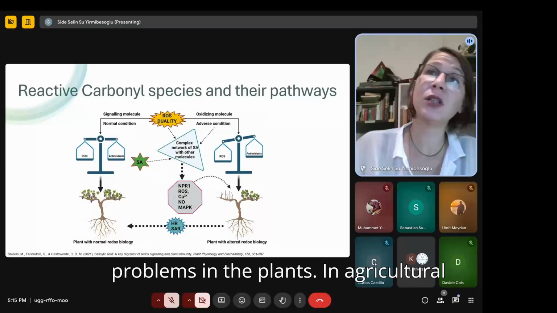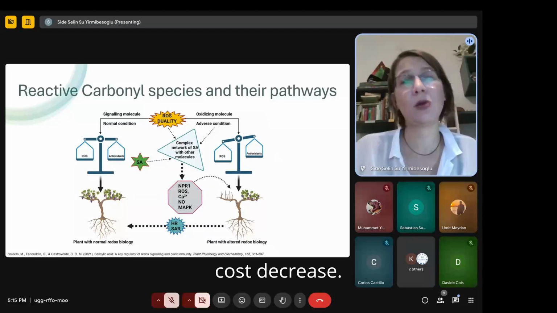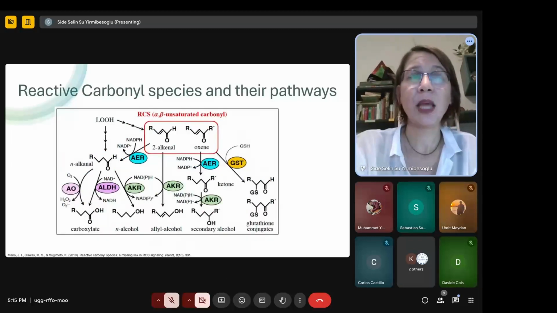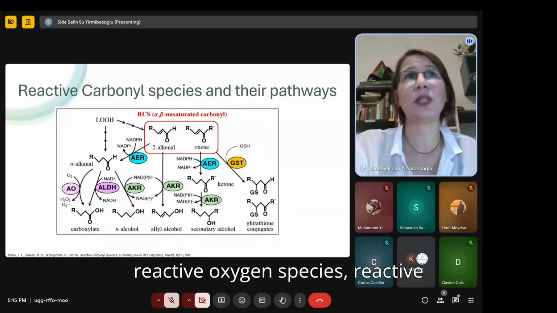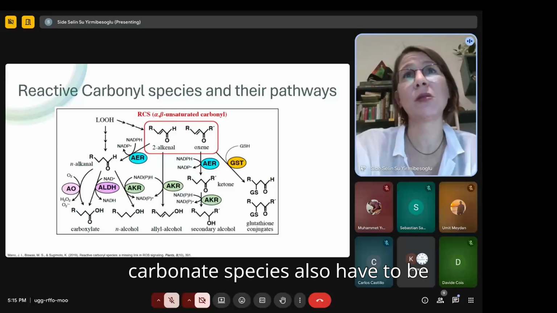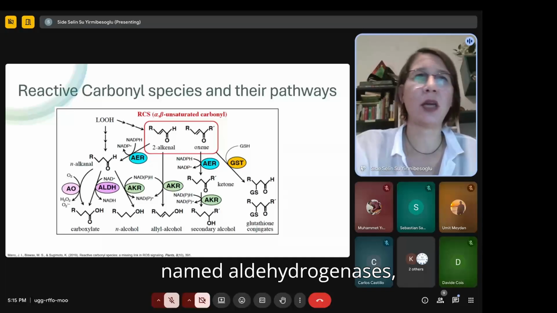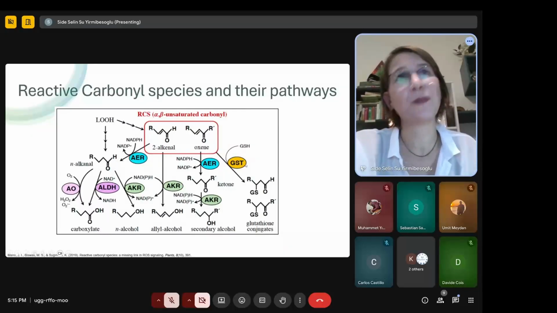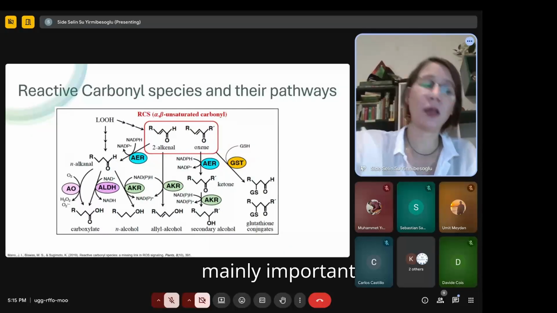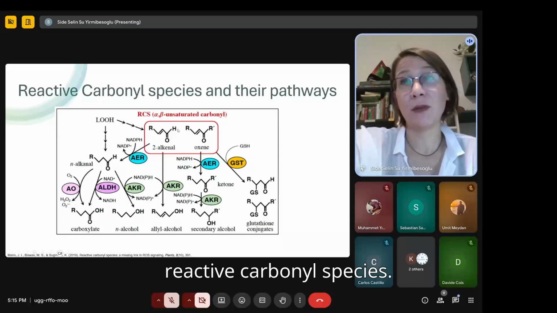From an agricultural point of view, it means a lot of cost decrease. Therefore, as in the case of the reactive oxygen species, reactive carbonyl species also have to be scavenged. There are some kinds of enzymes named aldehyde dehydrogenases, aldo-keto reductases, or glutathione S-transferases, mainly important enzymes for the scavenging of the reactive carbonyl species.